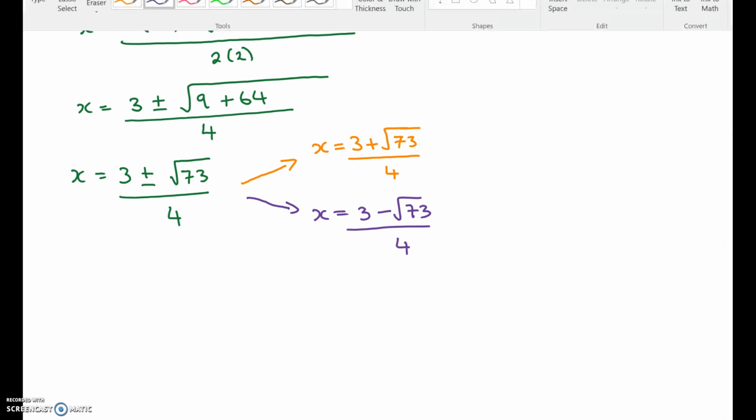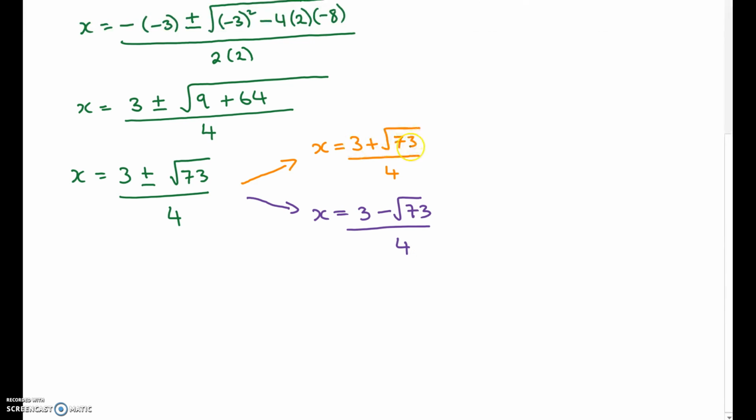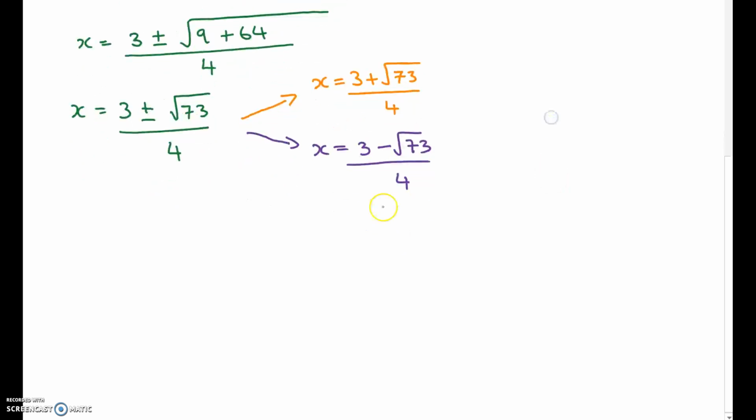Now, x equals 3 plus root 73 over 4, and x equals 3 minus root 73 over 4, those are the correct answers. Those are precisely the correct, exact solutions.